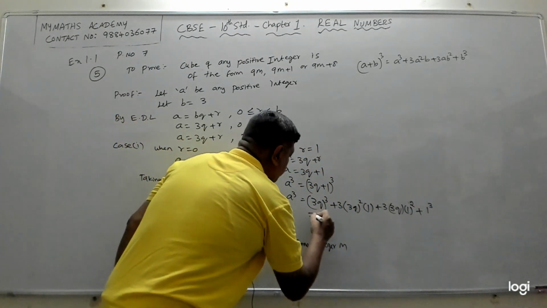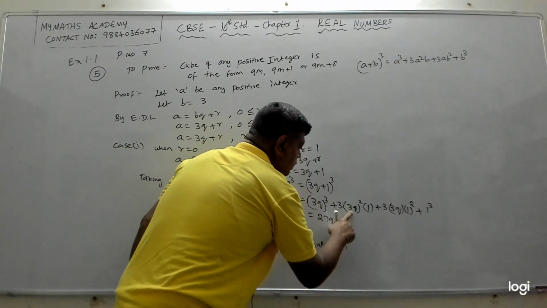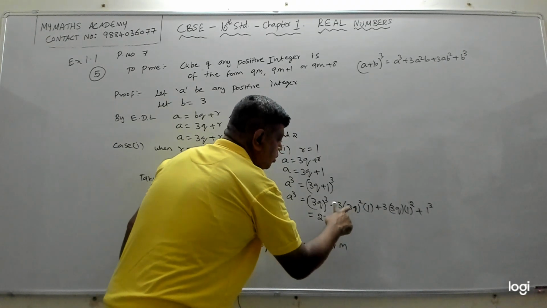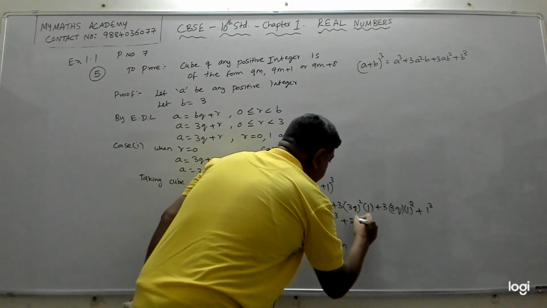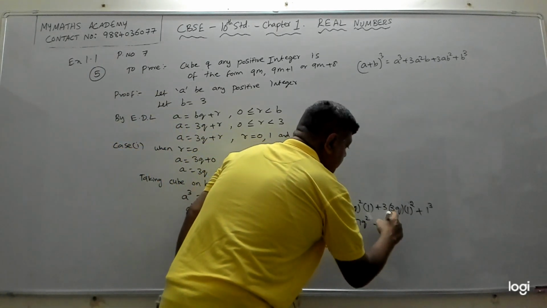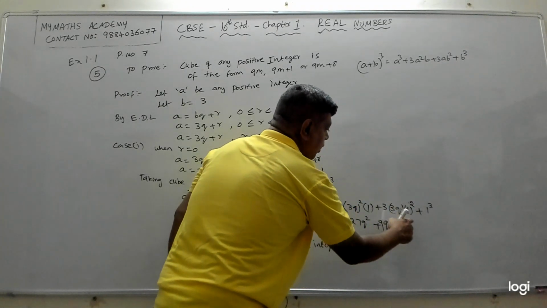So this will become 27q cube, 3 cube the whole cube, plus 3q square is 9q square, 9q square into 3 will give you 27q square, plus 3 3s are 9q, 9q because 1 square is 1, plus 1.